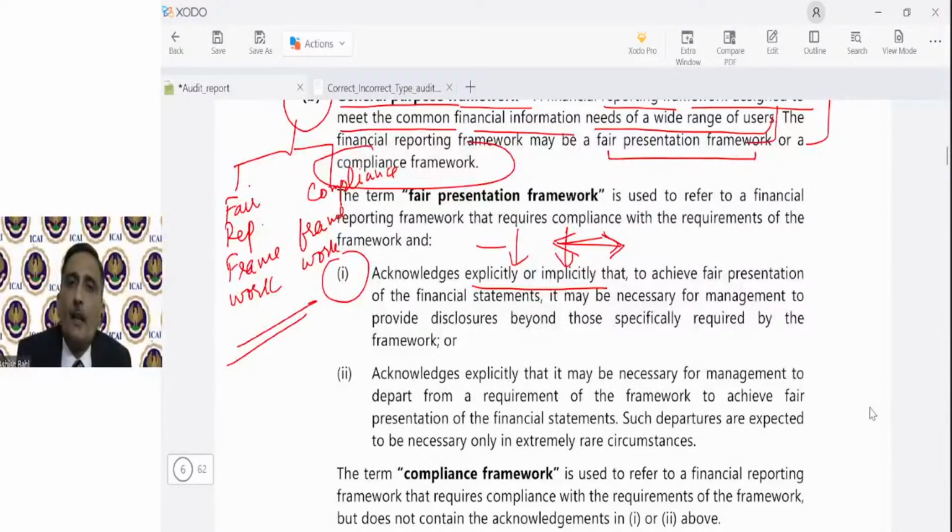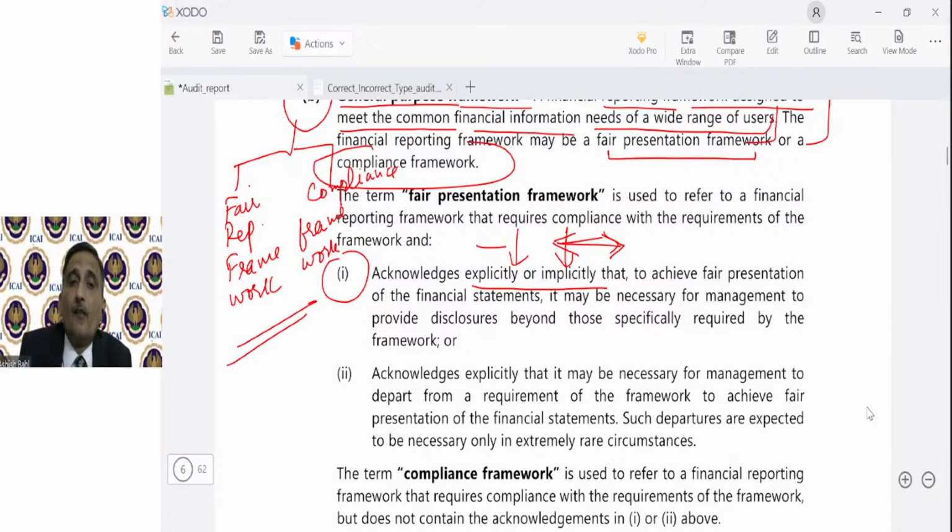Say when we audit financial statements prepared in accordance with Schedule 3 of the Companies Act, not only does the company meet all the requirements of Schedule 3, but it can also disclose the things which are necessary to achieve fair representation, which are necessary to reflect a true and fair view of the financial statements.